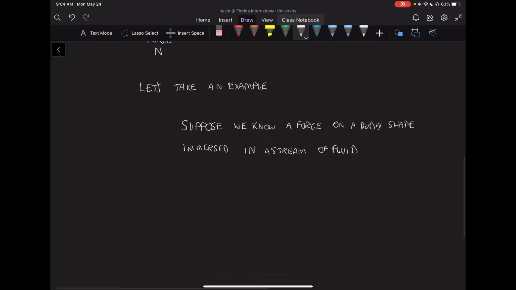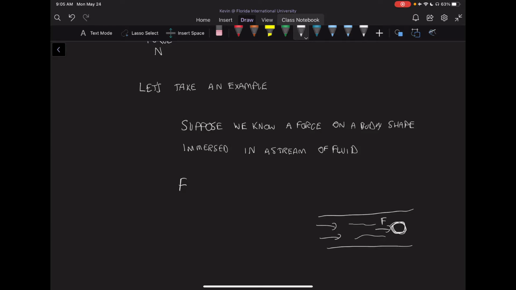We can say that the force of that system is going to depend on a few different parameters, right? The force on the body shape immersed in a stream of fluid. So let's say we have a stream of fluid going this way, and then we have a body shape, and there's a certain force on the body shape.